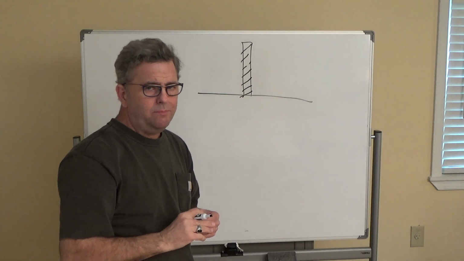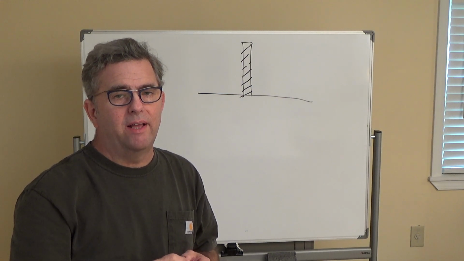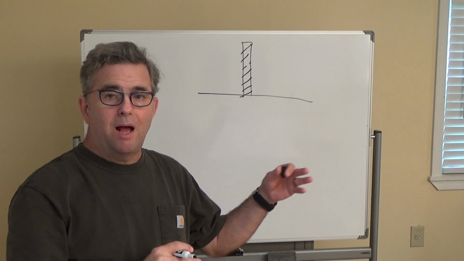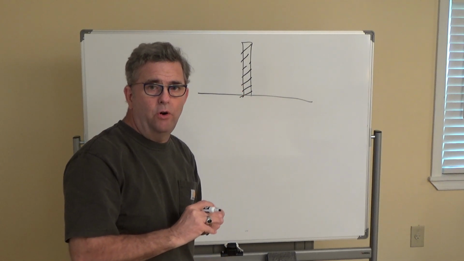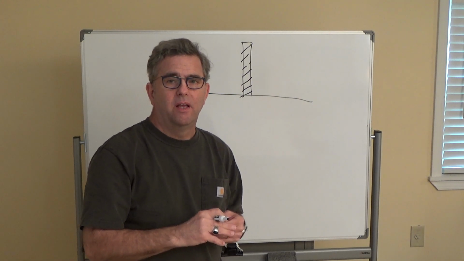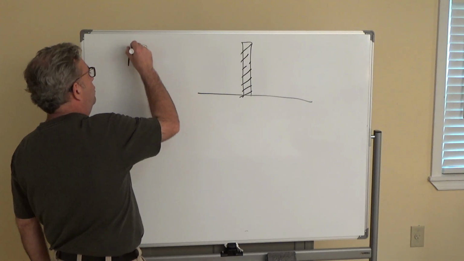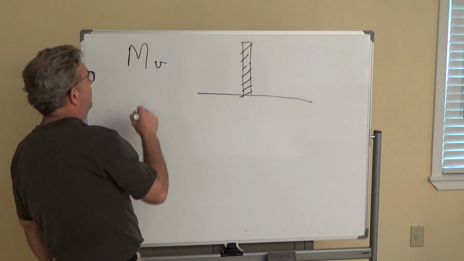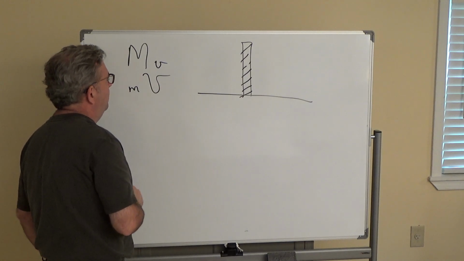Okay? Now I'm going to just look at the impulse. I'm not going to look at the idea of conservation of momentum, because the object's going to be interacting with the wall, which is attached to the earth, which is an enormous amount of mass. And by the way, you can have an object that has a huge mass and a small velocity, and a small mass and a big velocity.